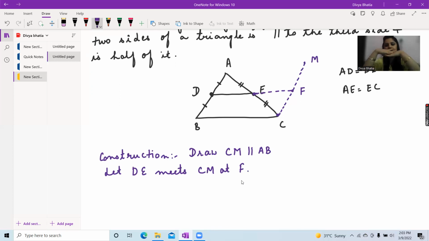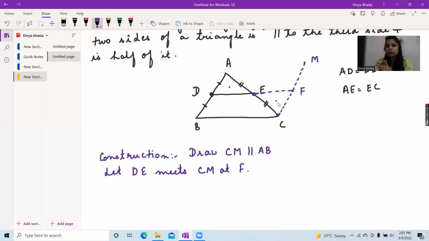The DE line, we're just extending it to EF, okay? So now as you can see, with this extension of DE to EF, we have got two triangles that might be congruent. Let's see if they are or not. So ADE is one triangle in consideration and EFC is another triangle in consideration.